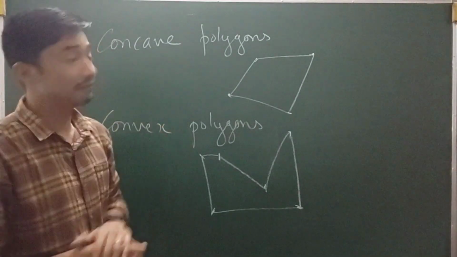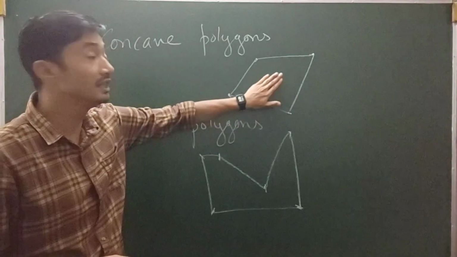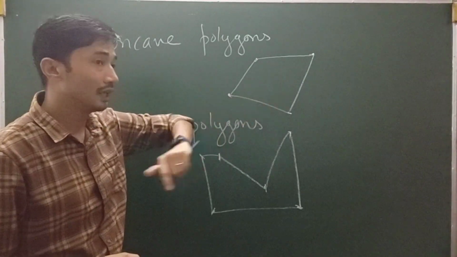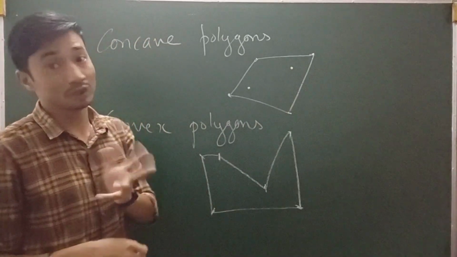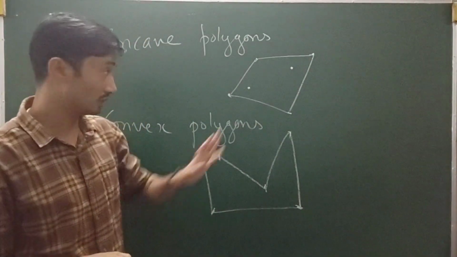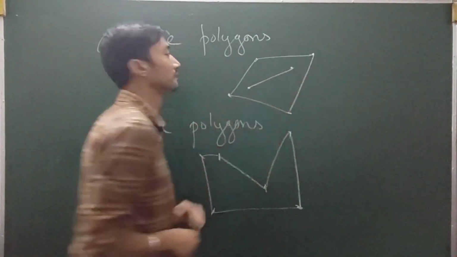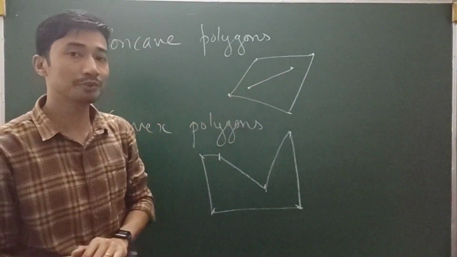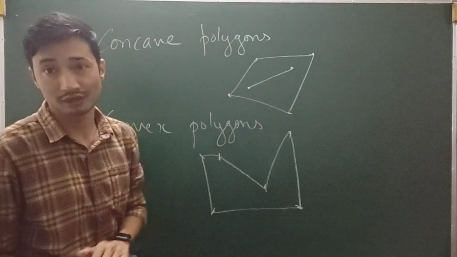Now a convex polygon is like this: if you take 2 points in the interior of the polygon, let's say here and here, both points are inside the polygon. Yes or no? Yes. Join them. When you join those 2 points, the line is again in the interior of the polygon only.